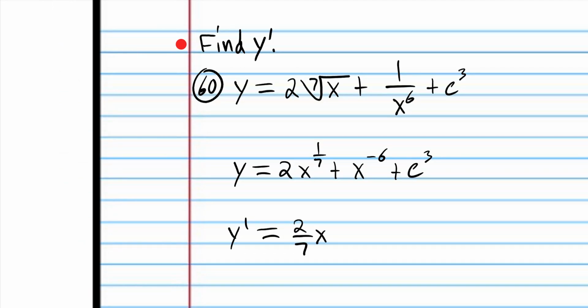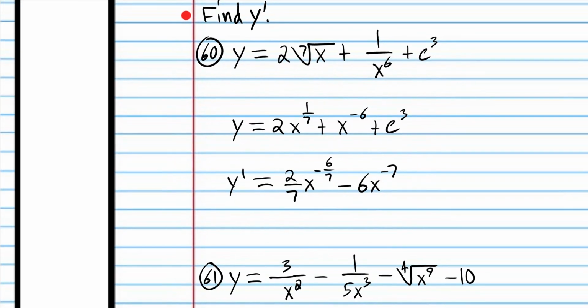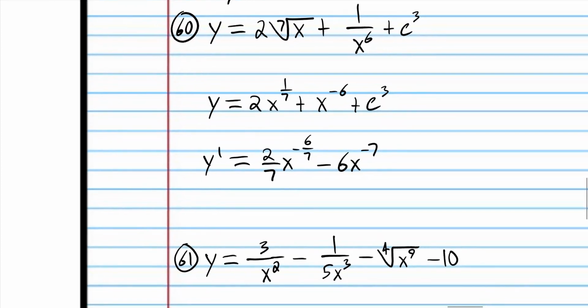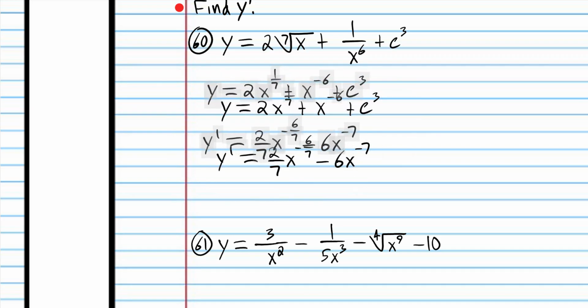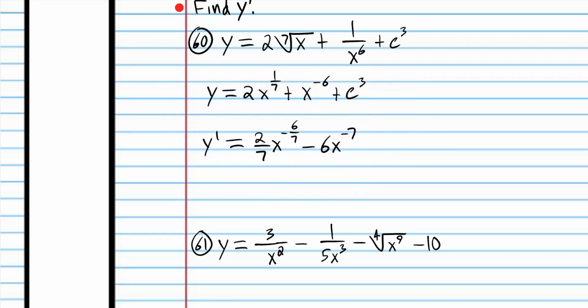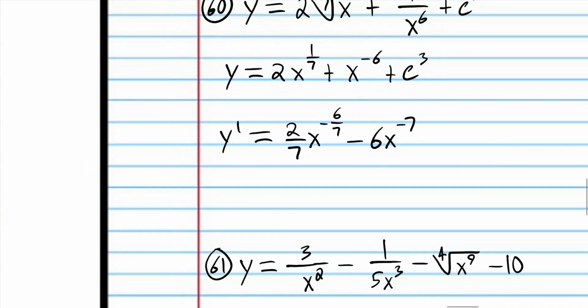I'm going to take the derivative using all of our rules. Then we get 2/7 x to the negative 6/7, and then minus 6x to the negative 7th, and the derivative of e cubed again is just 0. Okay, so now we have to simplify, or not really simplify, but we just have to write that in a form that we can understand.